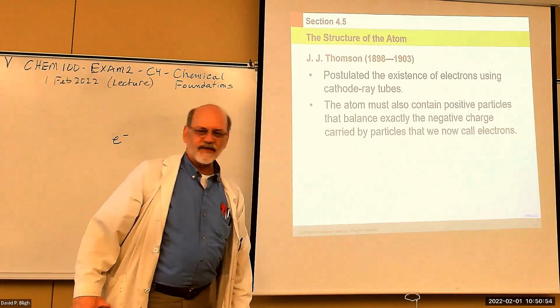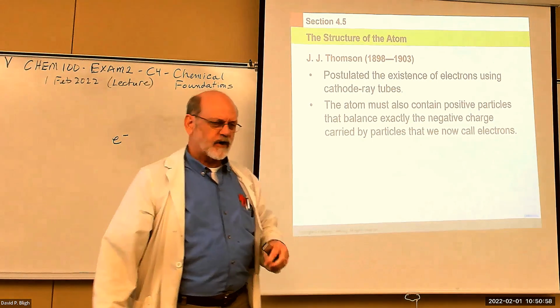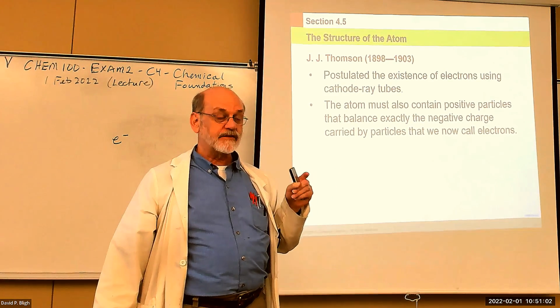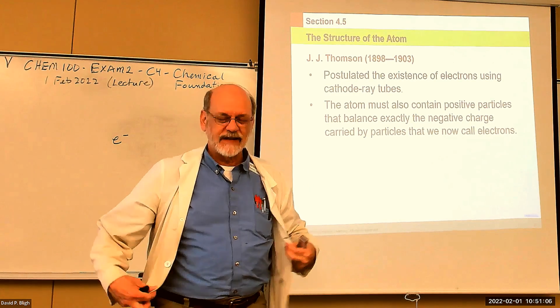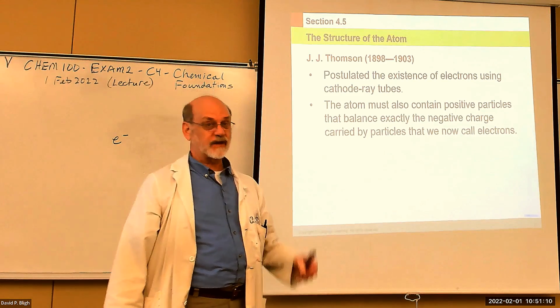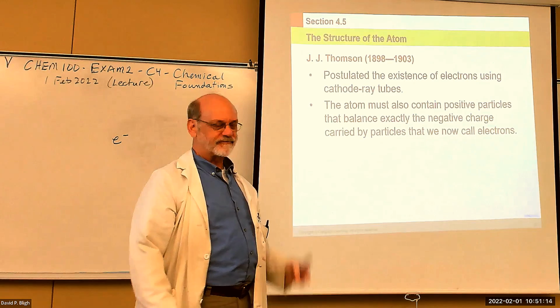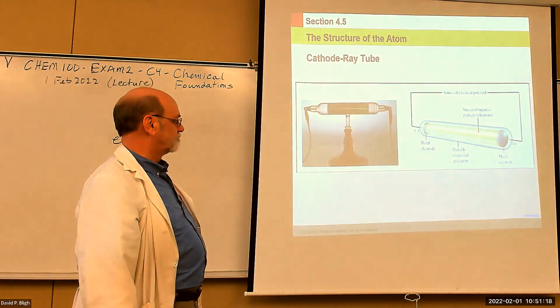But the one thing he couldn't answer at this point was, if the electron was coming from the atom, what was balancing that charge? He knew the charge was negative, but atoms are neutral. So there had to be something positive in there that was balancing the negative charge. And that was postulated to be the proton.